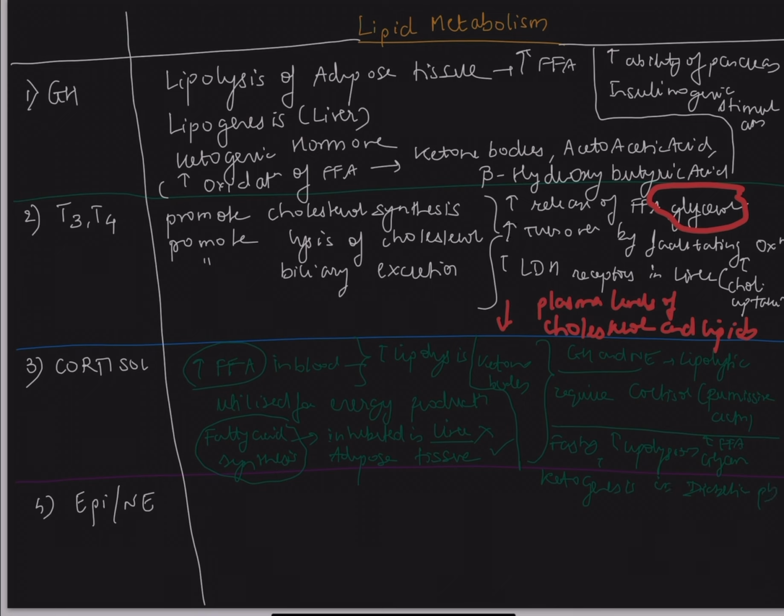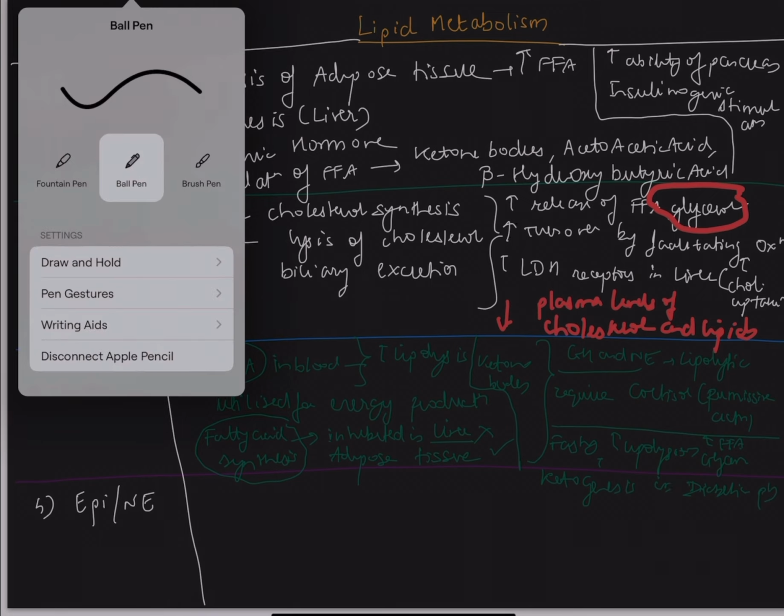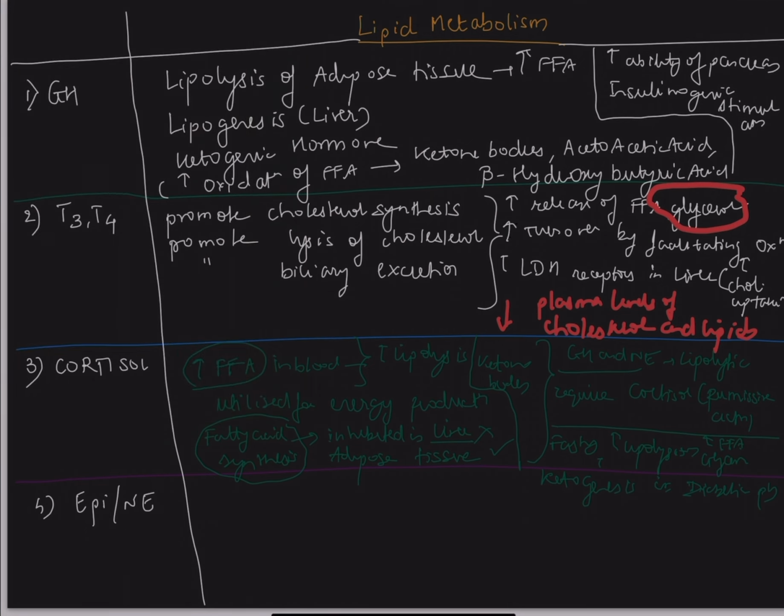Now let's see the effects of epinephrine on lipid metabolism. So epinephrine also has an effect of lipolysis. That means it breaks down lipids. But how does it do this?